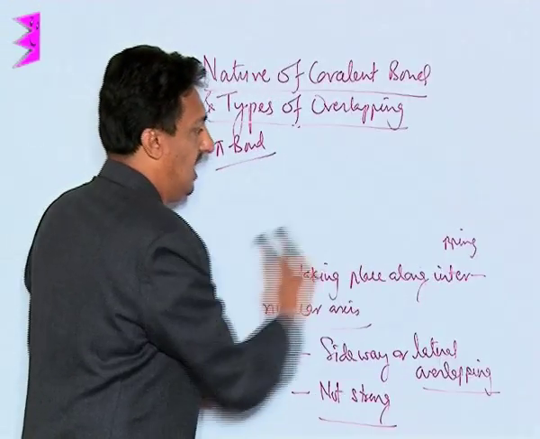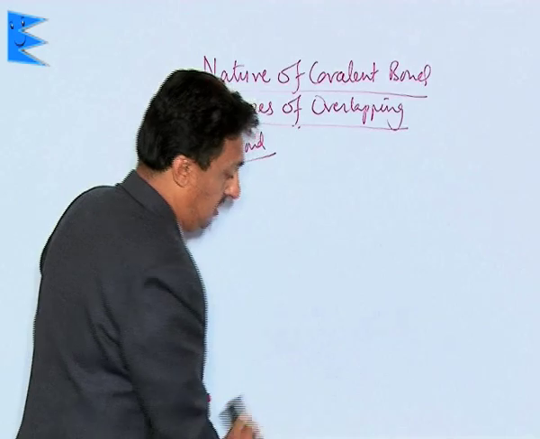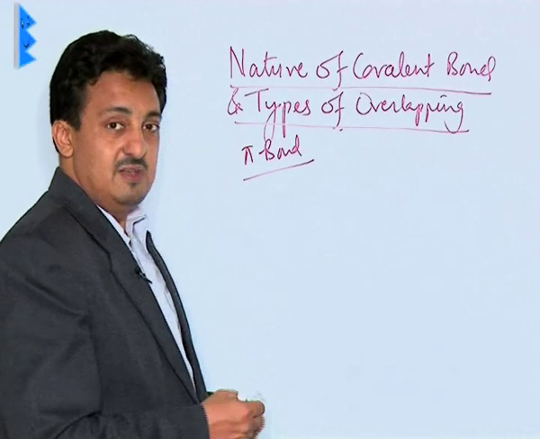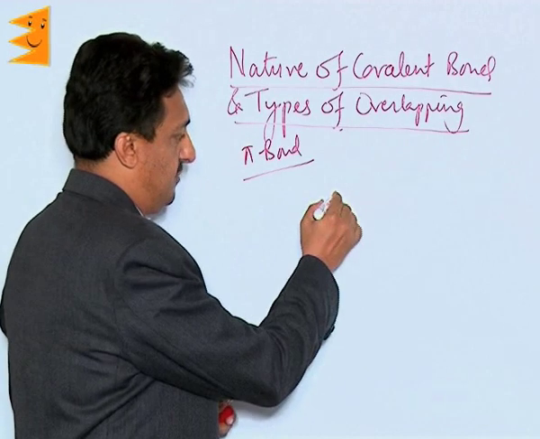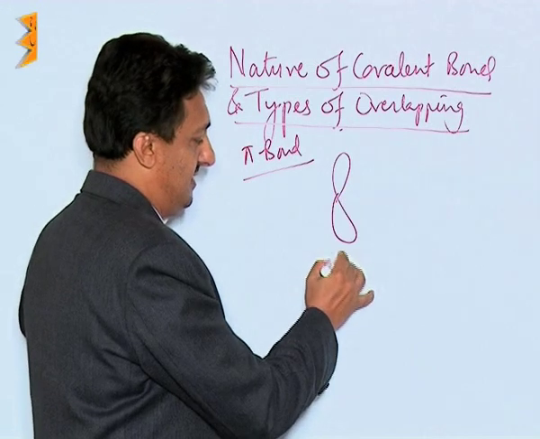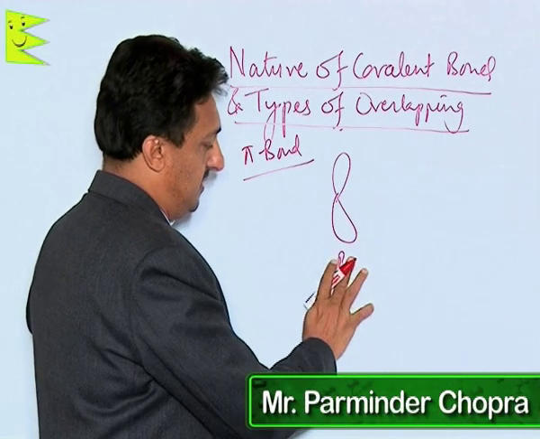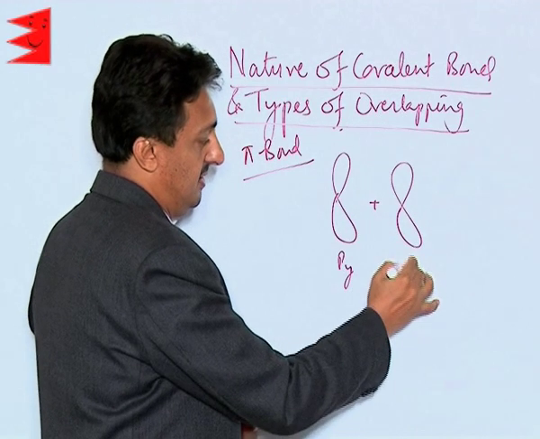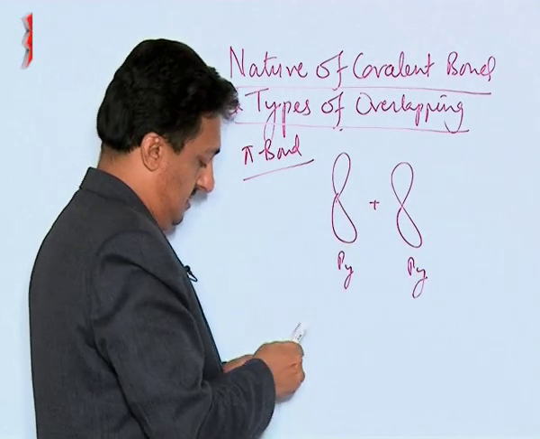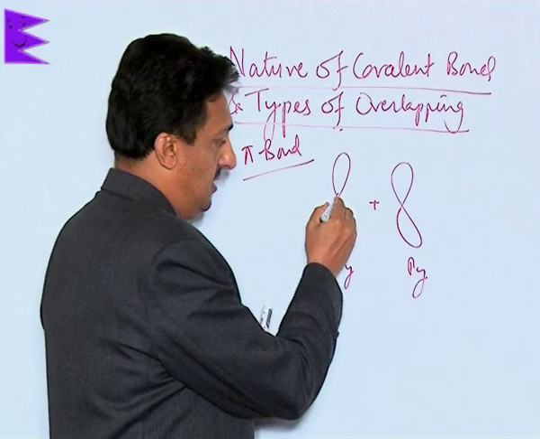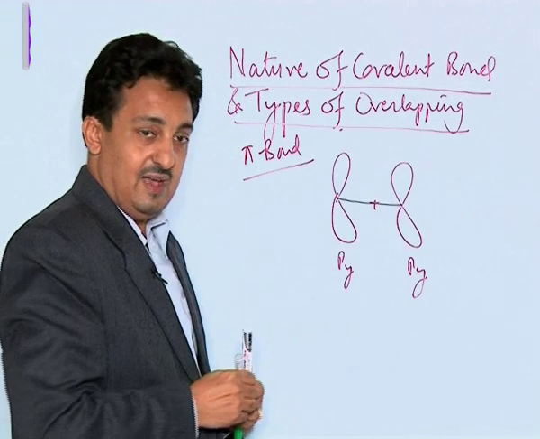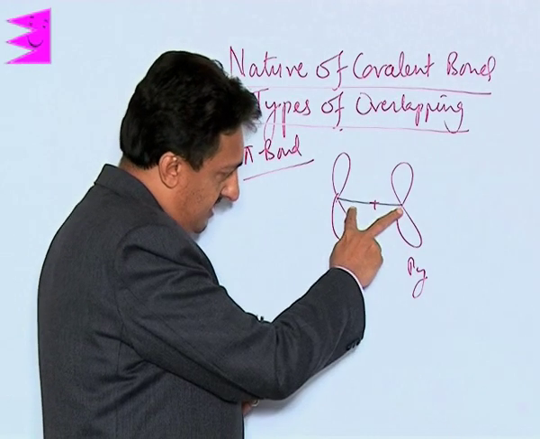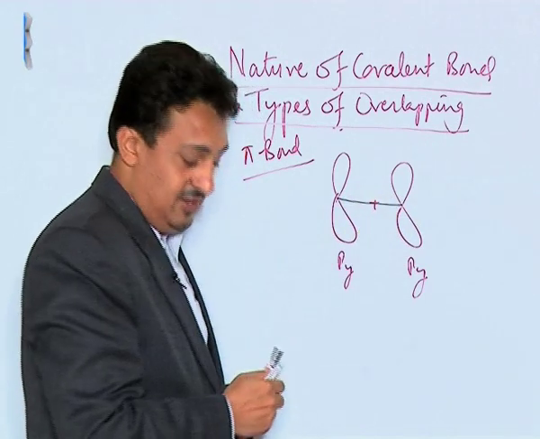Let us see how these are formed in the orbital pictures. Now let us see how the pi bonds are formed. Suppose the overlapping orbitals are this py overlapping with another py, and this is your internuclear axis. What you can find is the electron density is not along the internuclear axis.